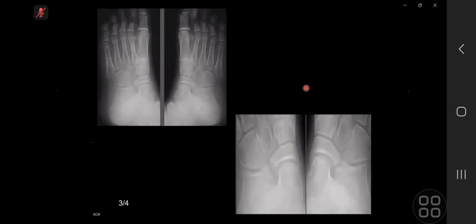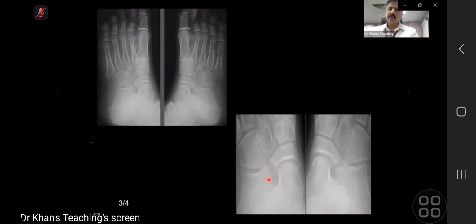I'd want to look more closely at the talus and the calcaneum to see if they are separate or if there's evidence of coalition there. Now, do you see any difference between here versus here? This is the calcaneum. This is the navicular. So there is a joint between here.